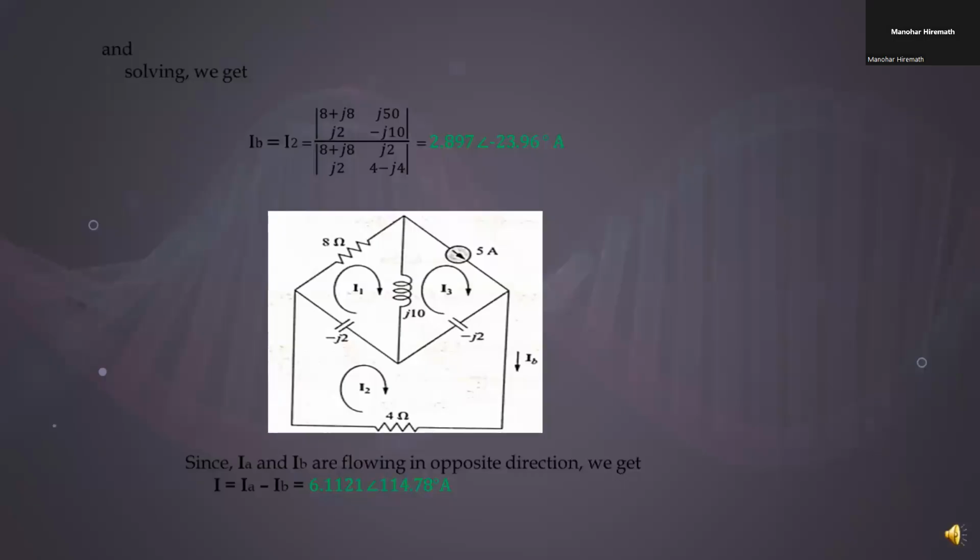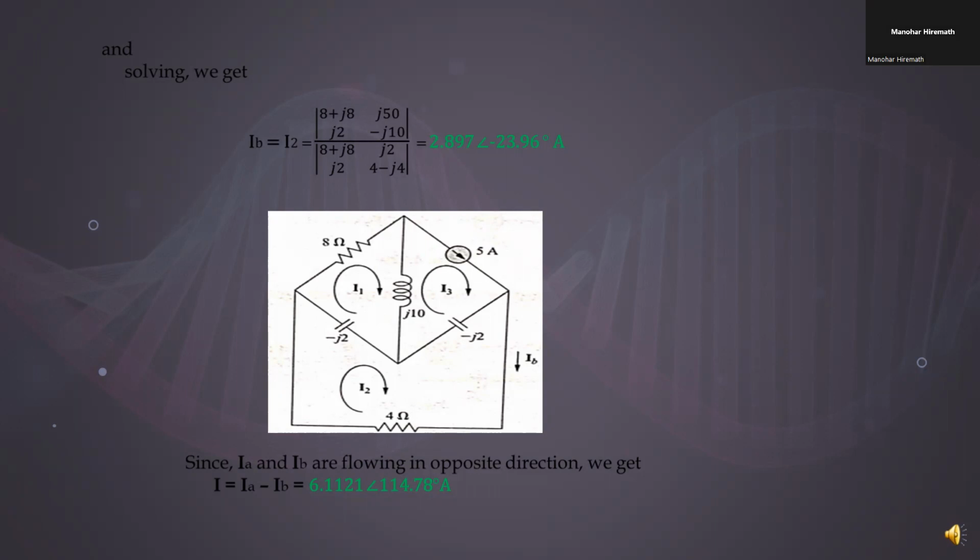These are the three loops I1, I2 and I3. By solving those two equations, we get IB equals I2, which is ((8 plus j8)(j50) minus (j2)(minus j10)) divided by ((8 plus j8)(4 minus j4) minus (j2)(j2)).